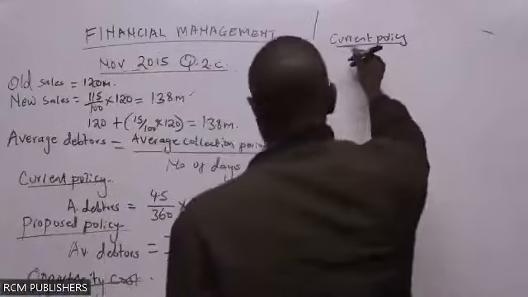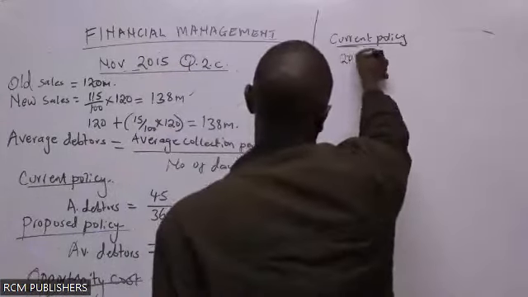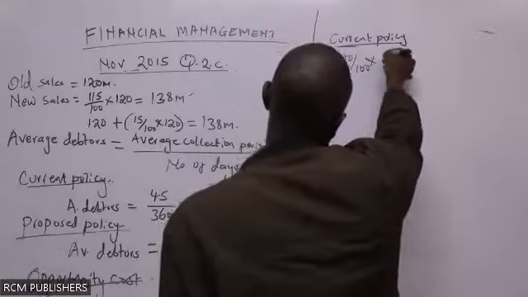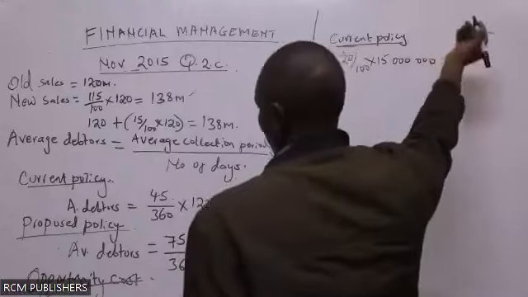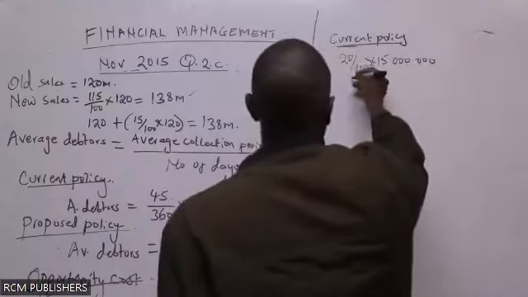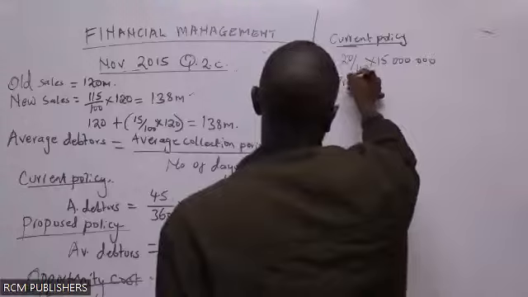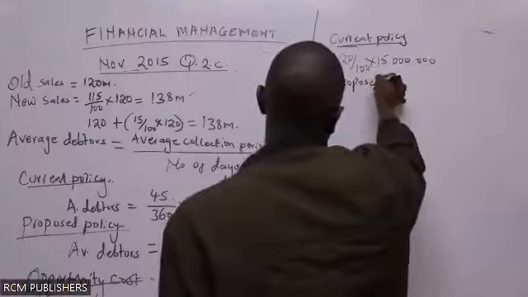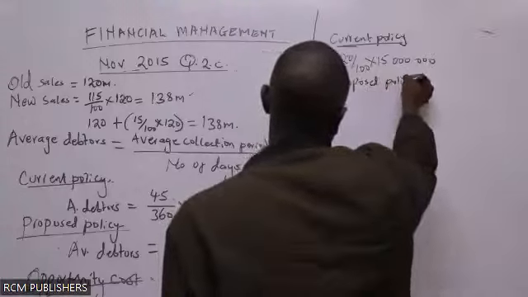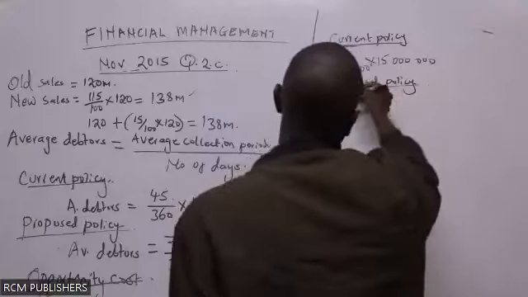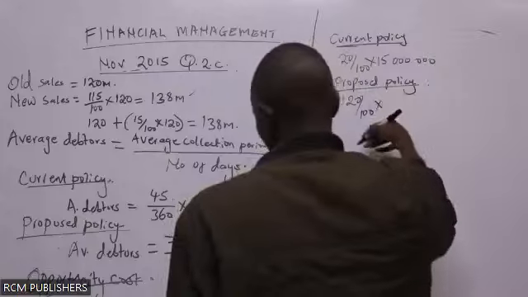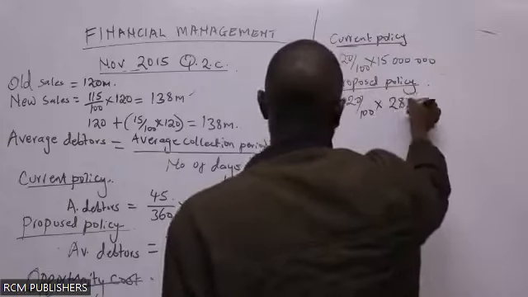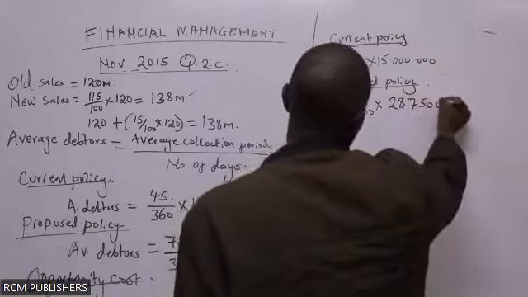So our current policy is 20% of 15 million, which gives 3 million. And then the proposed policy gives 20%, like the return. We are given the return of 28,75,000.